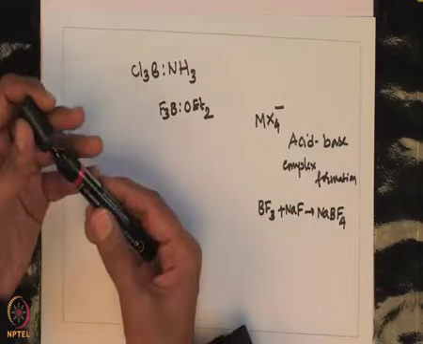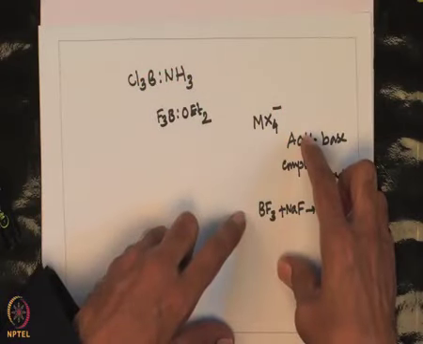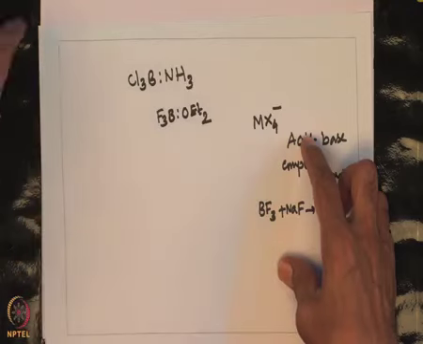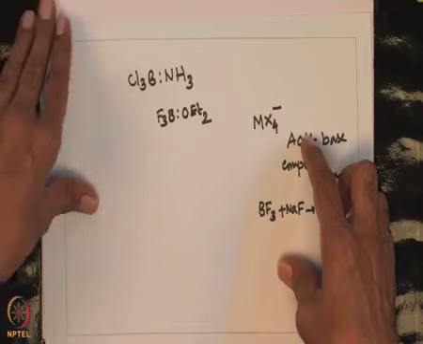Aluminum and heavier group members also show a maximum of 6 coordination. In the case of boron, because of the presence of only s and p orbitals, one can think of a maximum coordination of 4, whereas in the case of aluminum and heavier group 13 elements, one can use d orbitals to increase the coordination number.